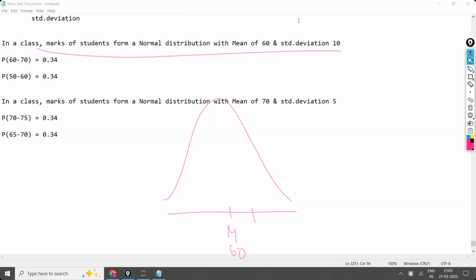Ishwar Satish: Sir, once explain, sir. Which one? Probability of 60 to 70, how is it 0.34, right?